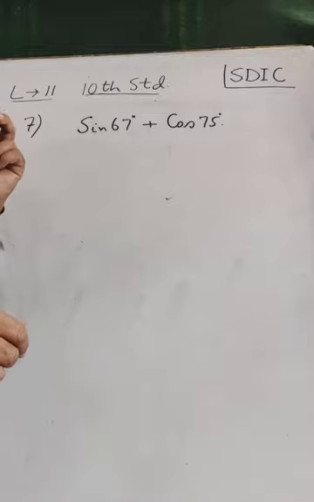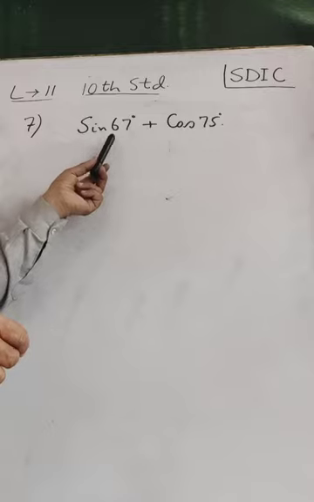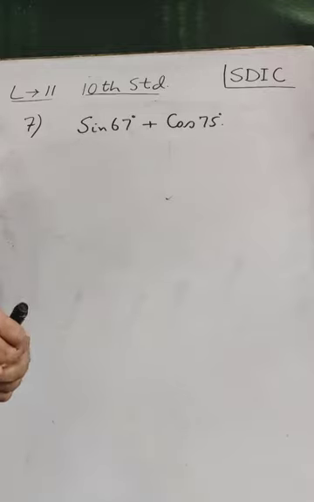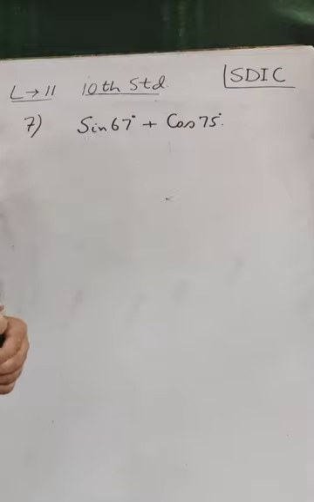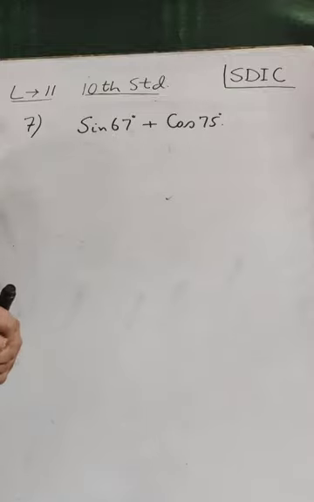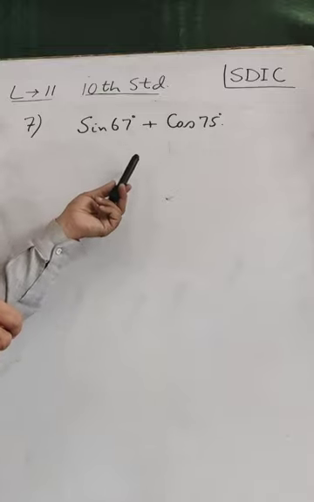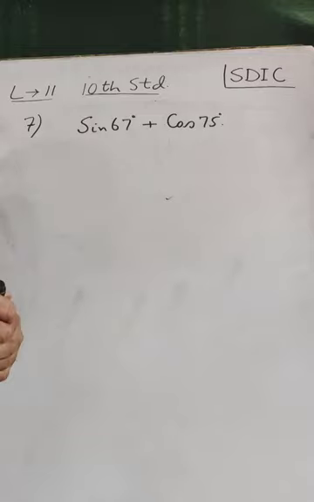Presently, this expression is in terms of angles which are greater than 45. 67 and 75, both are greater than 45. They are less than 90, they are acute angles, but greater than 45. We are now asked to express them in terms of angles less than 45, between 0 and 45. We have to change 67 to such a form where it will be less than 45, 75 also.